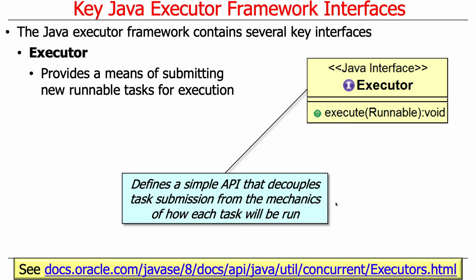So the Executor is the most basic, and I mean, it's really basic. The Executor interface has one and only one method in it, and it's called execute. You give it a runnable, which they call a task for various reasons. So the Executor interface defines a way for a client to execute a task somehow.